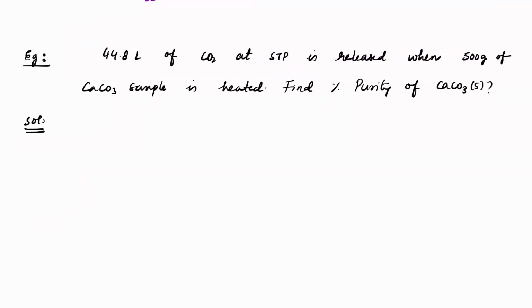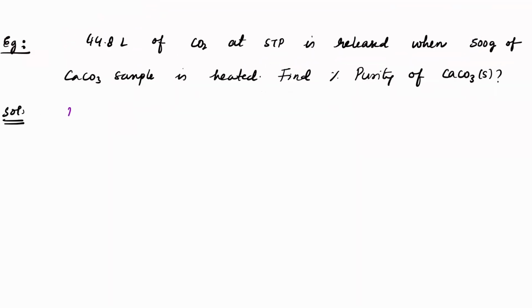From here, we can realize that number of moles of carbon dioxide will be 44.8 liters by 22.4, which makes it 2 moles. And 500 grams of calcium carbonate sample is heated. So we need to find out the percentage purity. Now notice this.